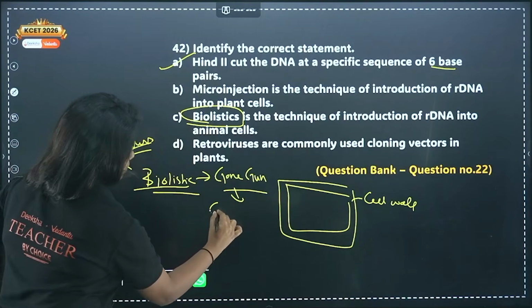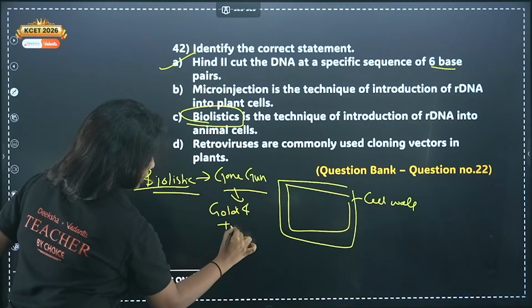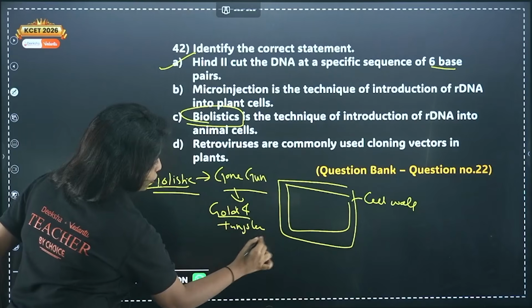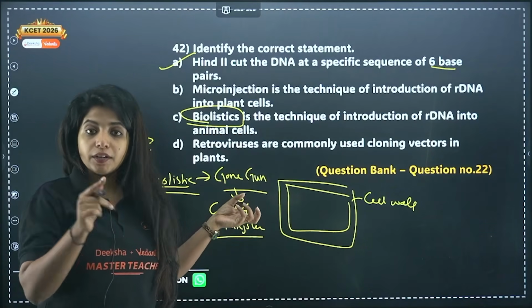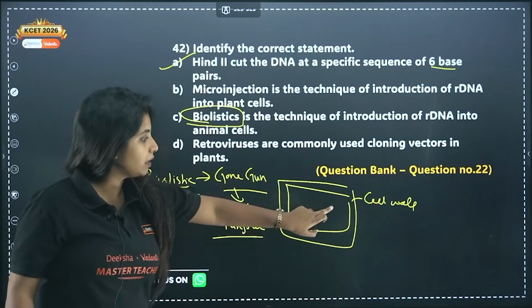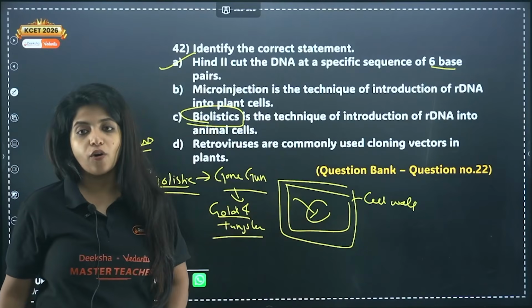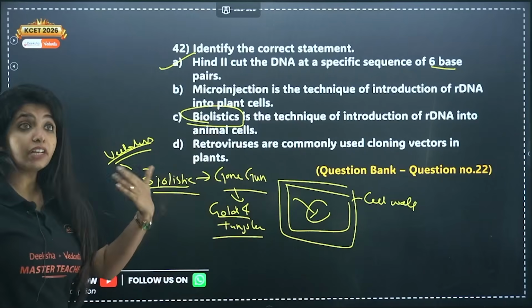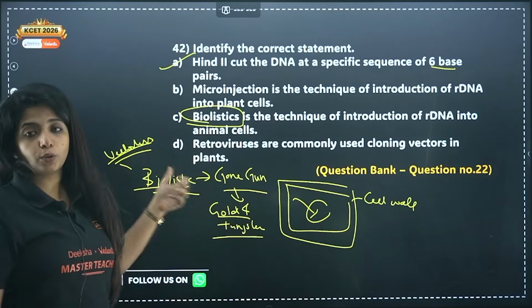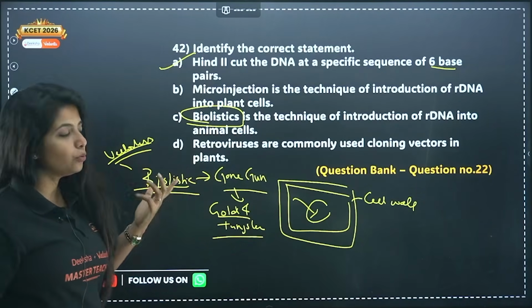Wrapping around it, you have the DNA. It is shot and it directly goes inside the nucleus of the plant. This is known as biolistic or gene gun method. Whenever you do not need a vector like Agrobacterium tumefaciens, you can do this. Not you, basically the people who do this, do this.